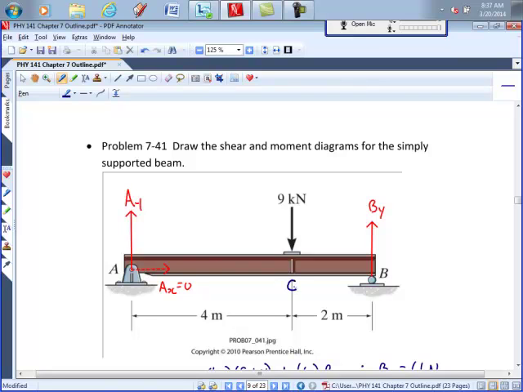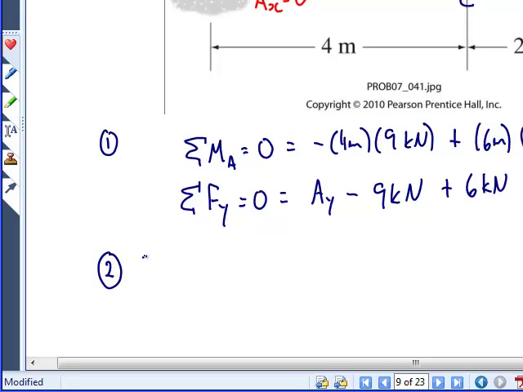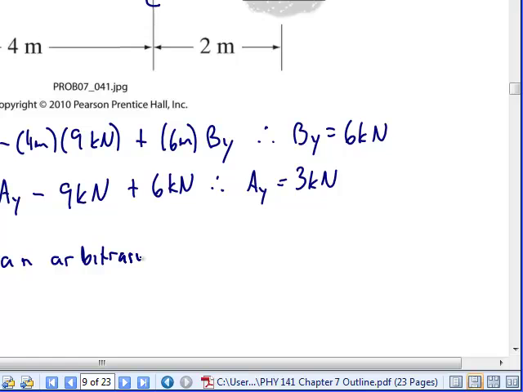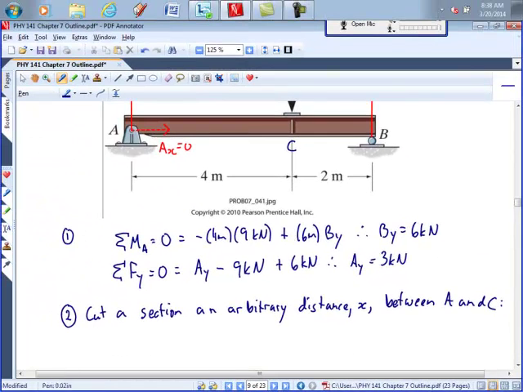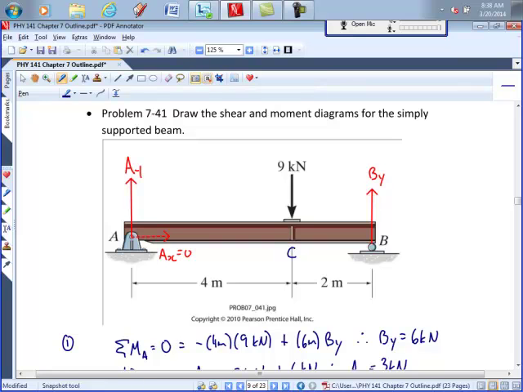So I'm going to label this point here C. So we're going to cut an arbitrary section between A and C. So cut a section, an arbitrary distance x, between A and C. All right, so we're going to cut our section right there.